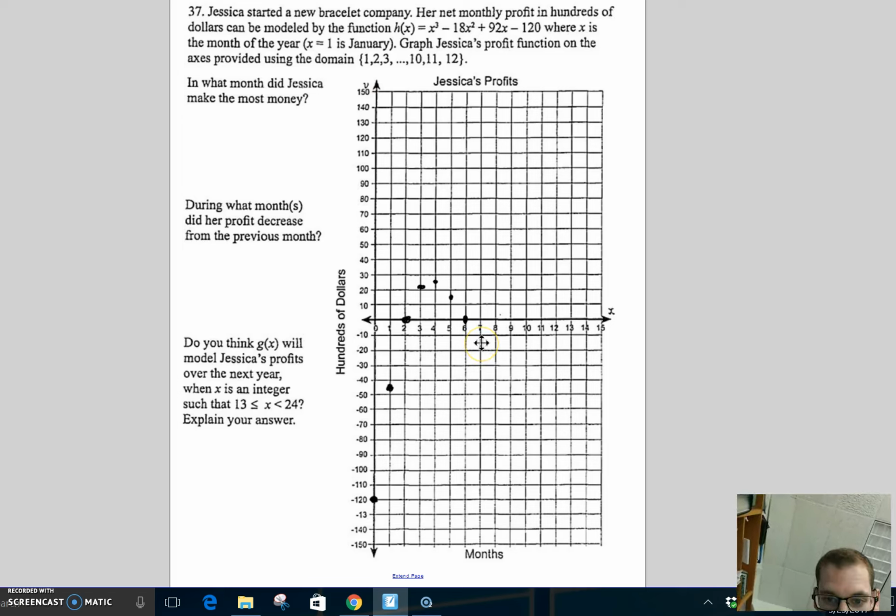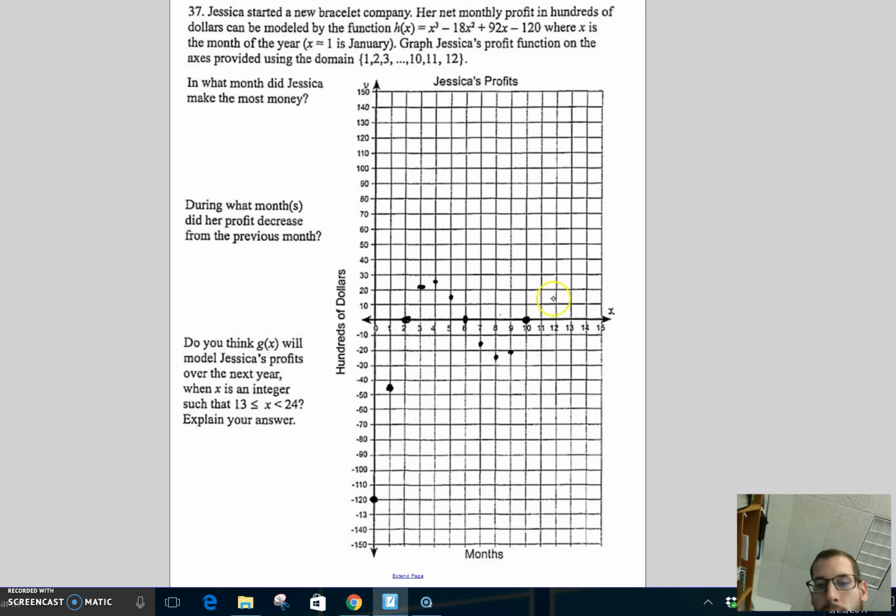Oh, poor Jessica, looks like she's losing money. 8 is -24. 9 is -21. 10 is 0.